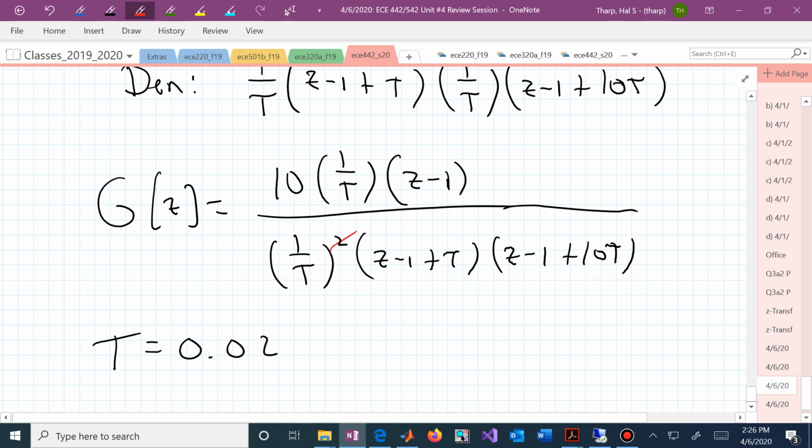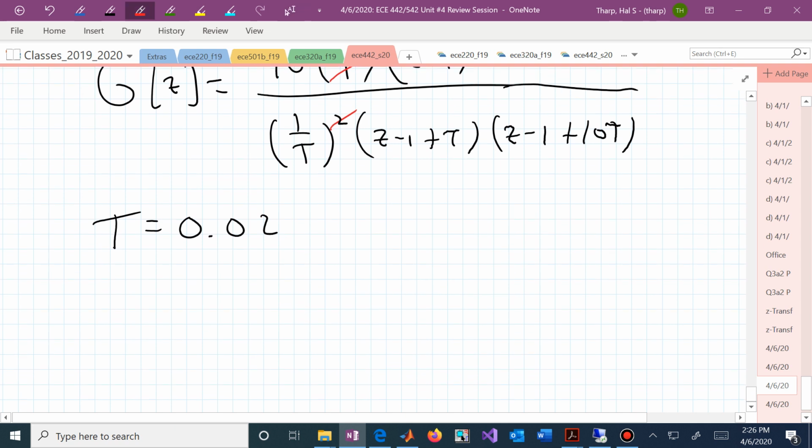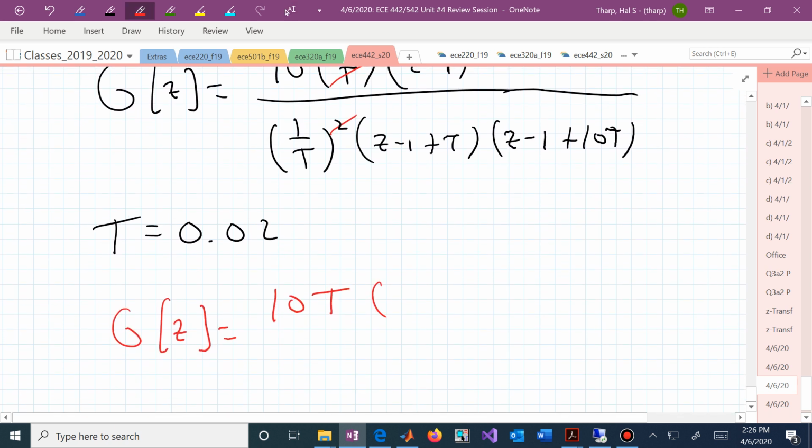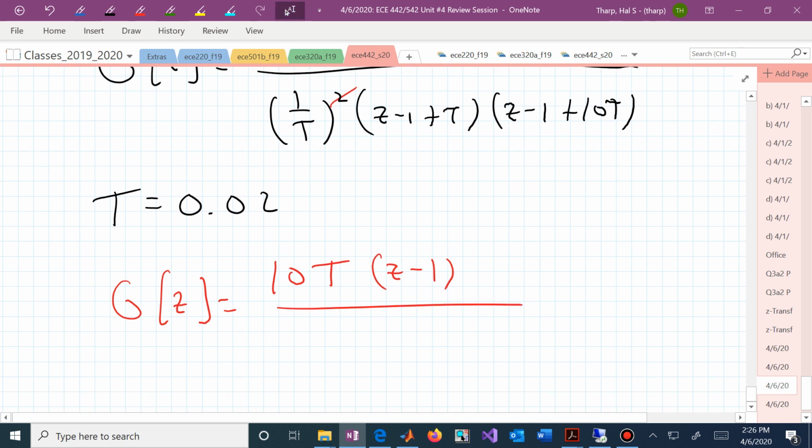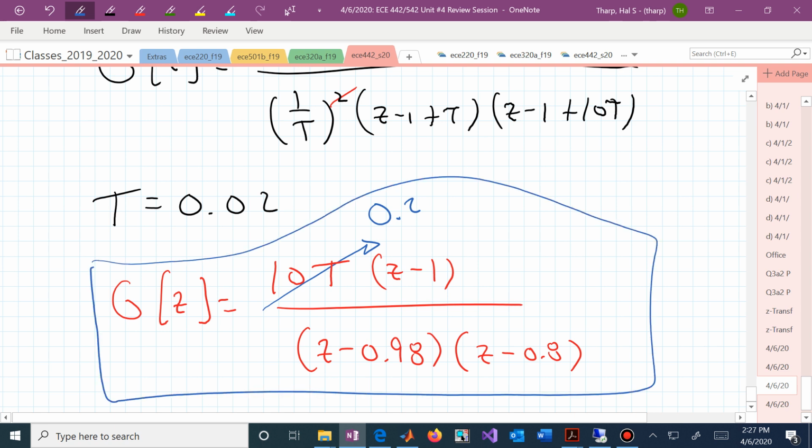One of these t's downstairs is canceled by that one, and we now have 10t upstairs, so that g of z is 10t z minus 1 over z minus 1 plus 0.02, or z minus 0.98, and z minus 1 plus 10t, which is plus 0.2, and the 10t is just 0.02.